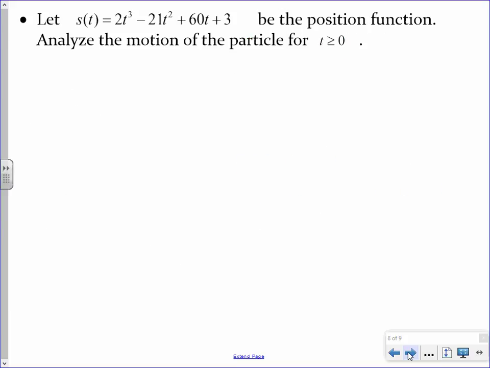I'm giving you a position function, and I want to know everything about it. I said analyze the particle for time greater than or equal to 0. So when I say analyze, we're going to figure out the velocity. We're going to figure out where we're moving right and moving left. We're going to figure out when we're standing still. We're going to figure out the acceleration. We're going to figure out when we're speeding up versus slowing down.